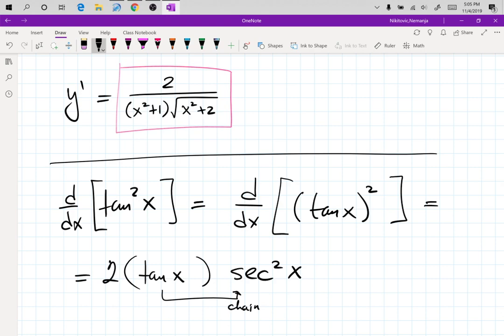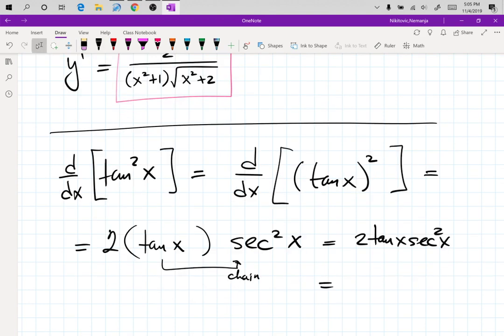Now, we can't really simplify this, because secant is 1 over cosine squared and tangent is sine over cosine. So the only other form you can write this in is 2 sine x over cosine cubed x. And I don't really know if you gained anything by it, right? Because tangent will have 1 cosine in the denominator, secant will have 2 cosines in the denominator.